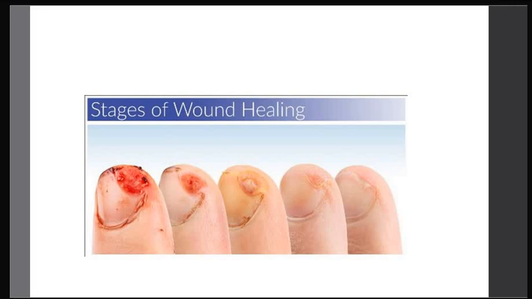In the second step, after a few hours of an injury, when the blood clot forms and there is no more bleeding over the wound, the neutrophils and macrophages immediately rush to the area where the wound is formed to remove all kinds of debris, pathogens, bacteria, and foreign particles from the body, because whenever an injury opens the skin, it is more prone and susceptible to any type of bacteria or other pathogens.